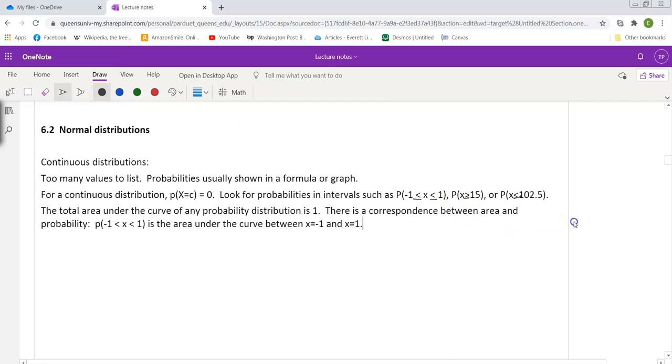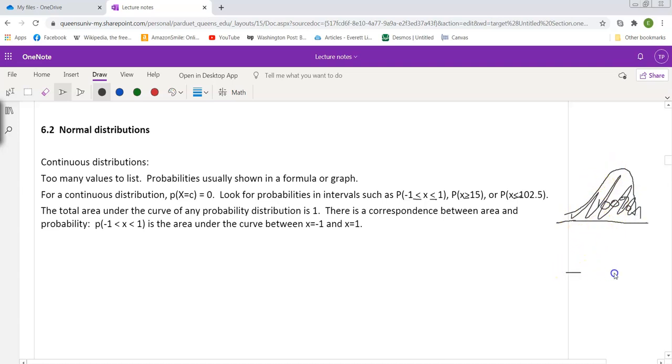Let's say our probability distribution looks like this. Okay, so that one is skewed to the left. So the total area under this is 100%. Okay, that's this whole area in here.